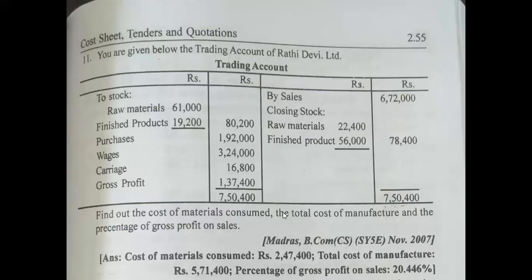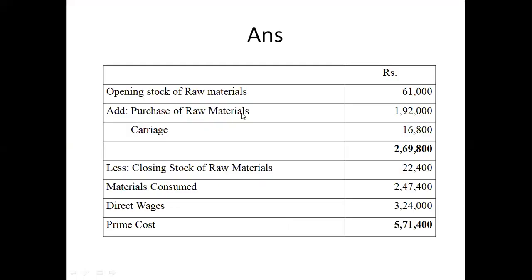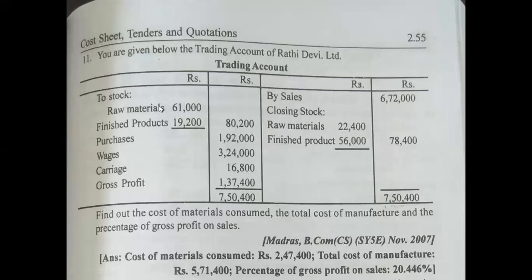We can start with the opening stock of raw materials plus purchases, then deduct the closing stock of materials; that we can call materials consumed. The opening stock of raw materials is 61,000. Then purchases are 1,92,000. Then a purchase related expense is given, carriage, which means carriage inward, 16,800, so this amount you can put together with 1,92,000.